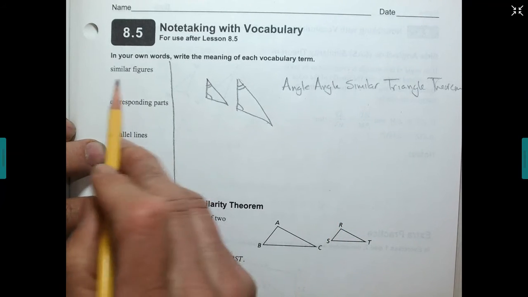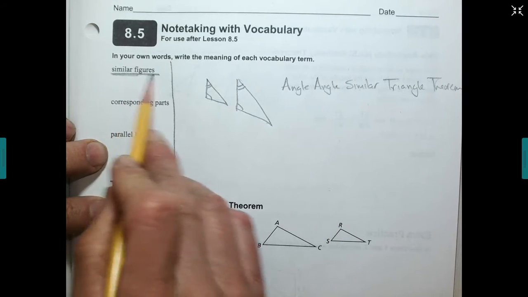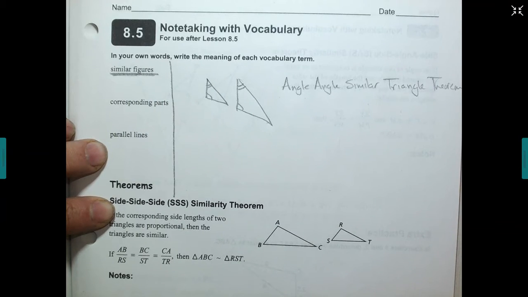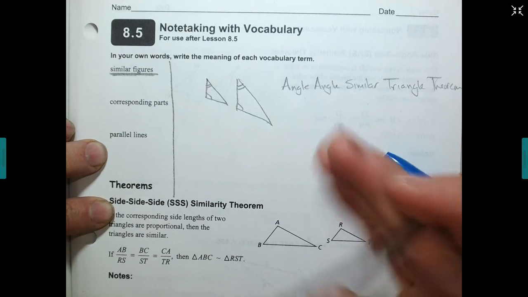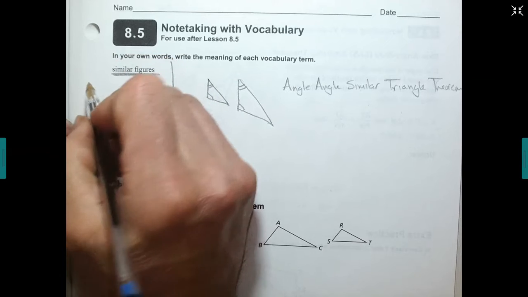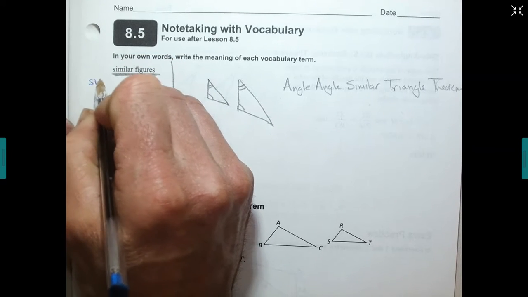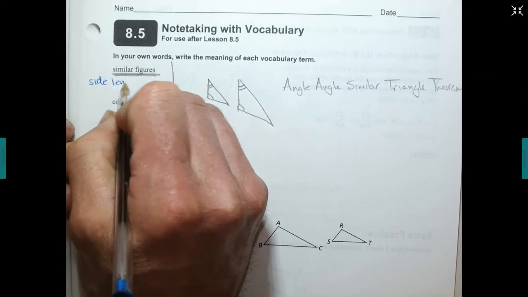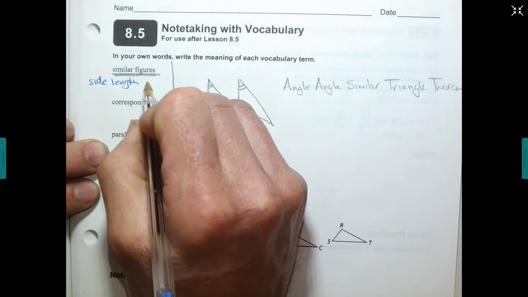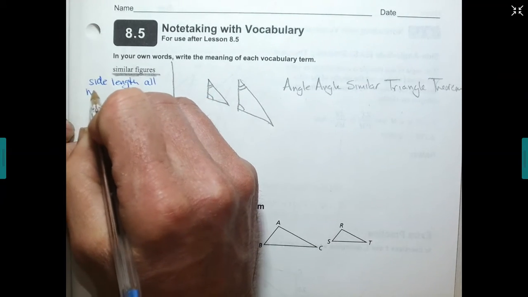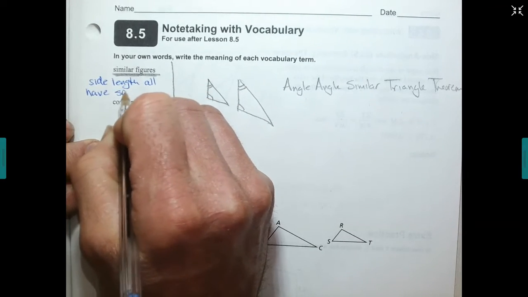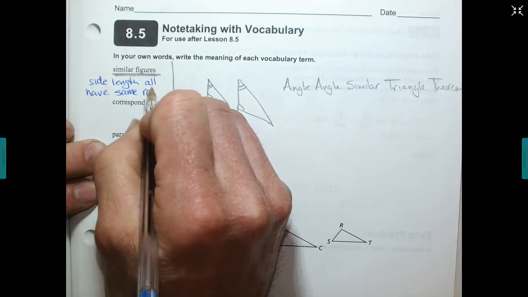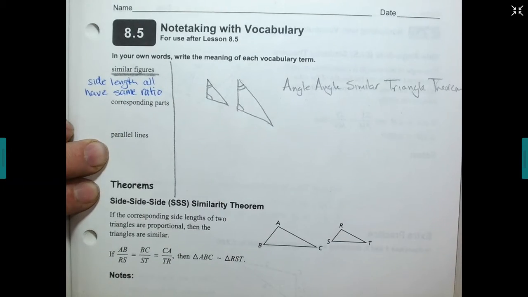Now, here's an interesting thing we're finding similar figures. Similar figures are figures where side lengths all have the same ratios. So the side lengths aren't the same.